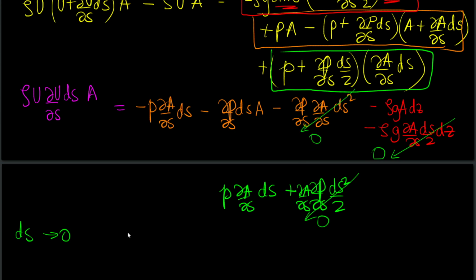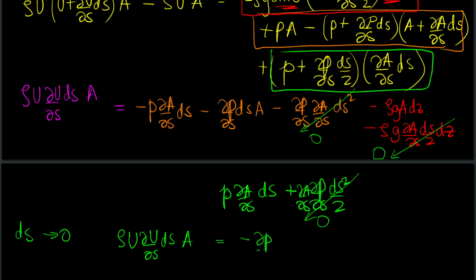So if we take this, we obtain ρu ∂u/∂s ds times area is equal to minus ∂p/∂s ds times area minus p ∂A/∂s ds minus ρgA dz. Okay, so these are the different terms.